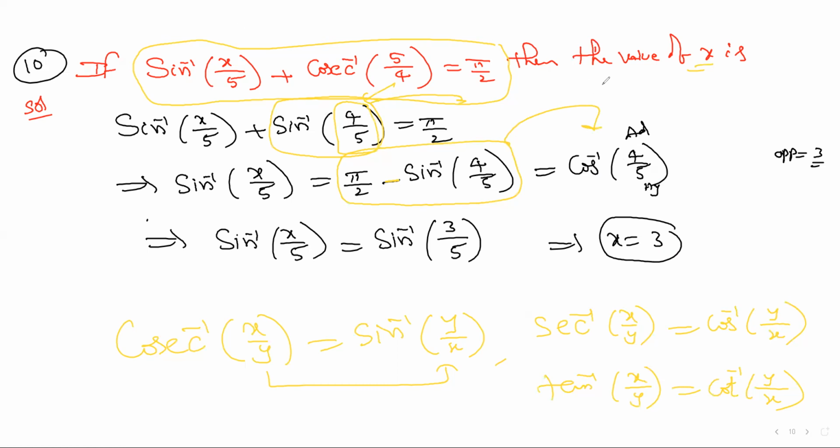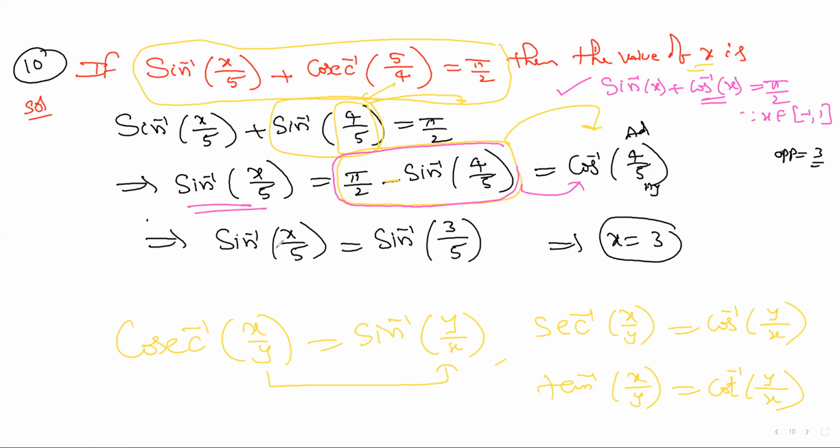Here also one formula is there: sin inverse of x plus cos inverse of x is equal to pi by 2, where x belongs to the closed interval minus 1 to plus 1. So cos inverse of x is equal to pi by 2 minus sin inverse of x. Here pi by 2 minus sin inverse of 4 by 5 can be written as cos inverse of 4 by 5.